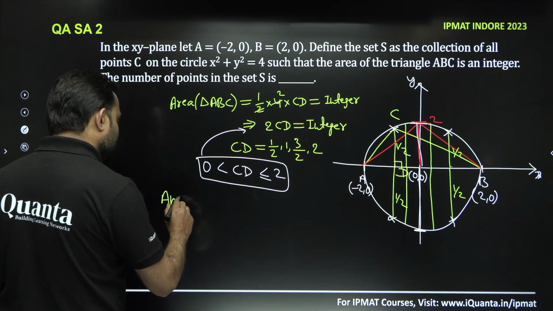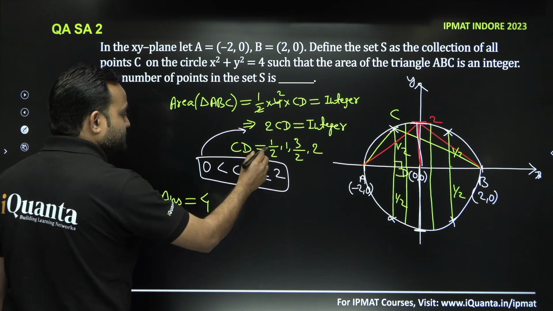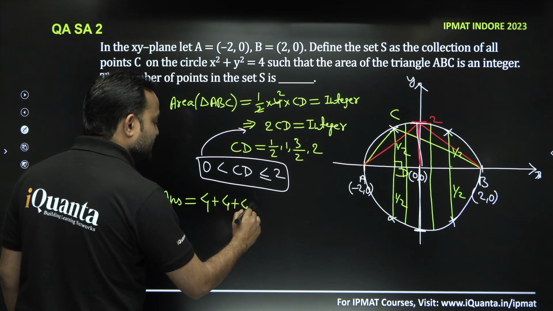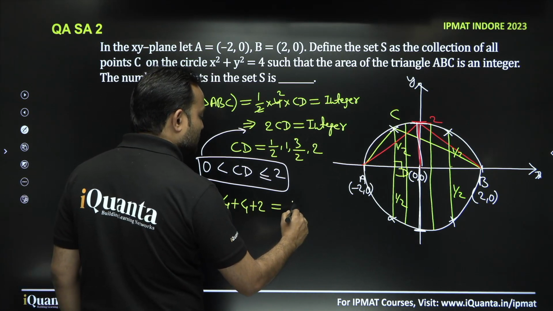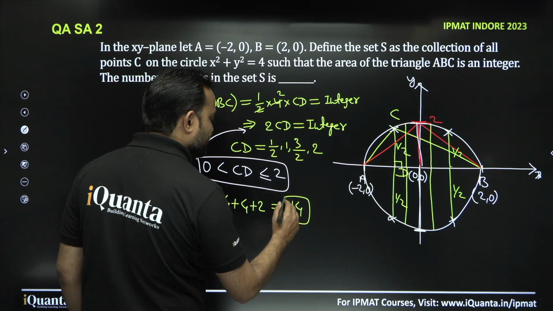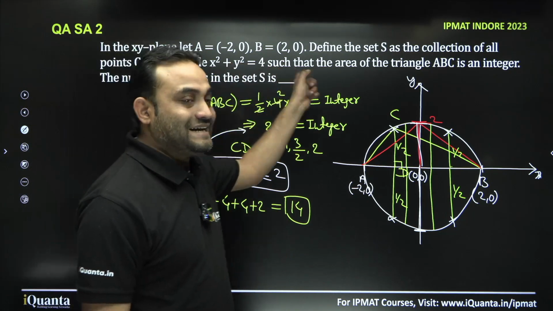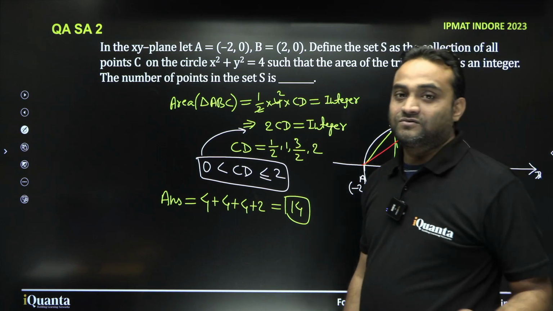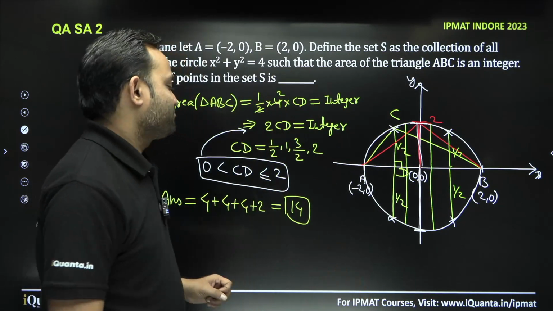So our answer would be 4 points for जहाँ पे CD की लेंथ हाफ होगी, then 4 points, then again 4 points, then 2. So a total of 14 different elements will be in set S, which relates to point C.